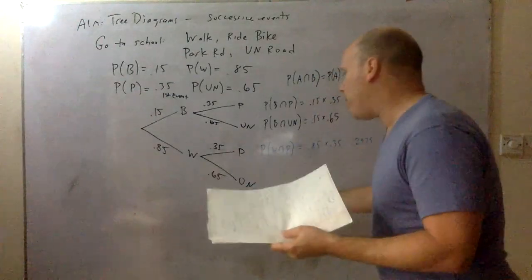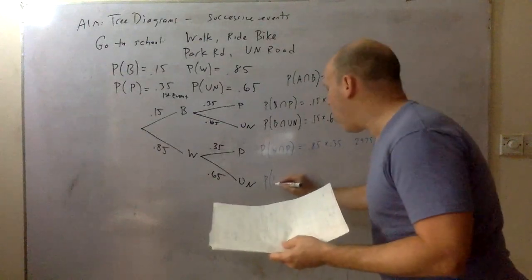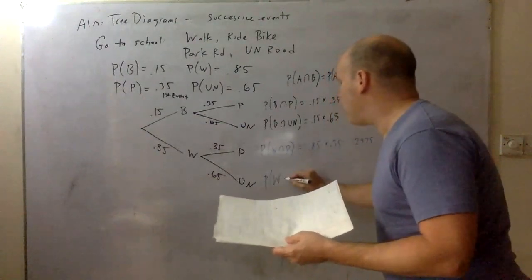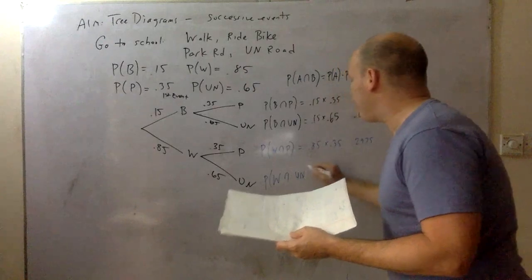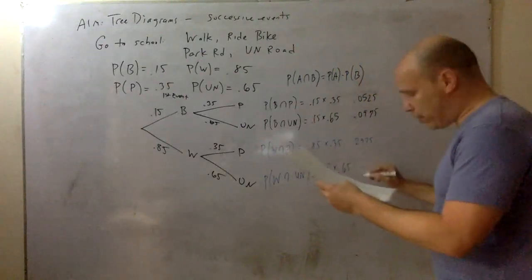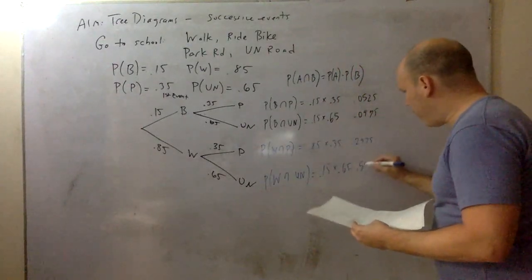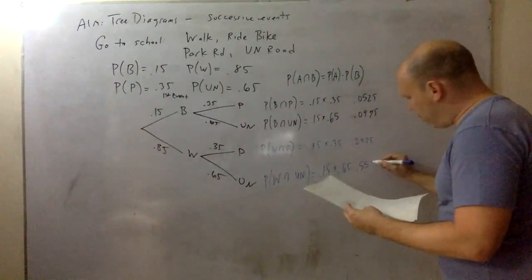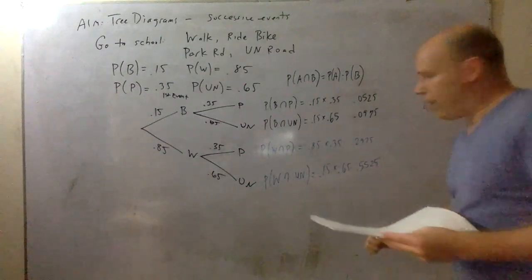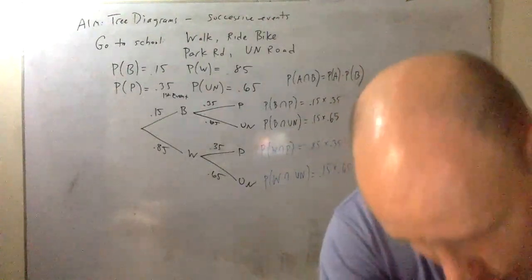And the last possible outcome is the probability that I walked and I took UN Road. And that's 85% times 65%, and that is 0.5525.